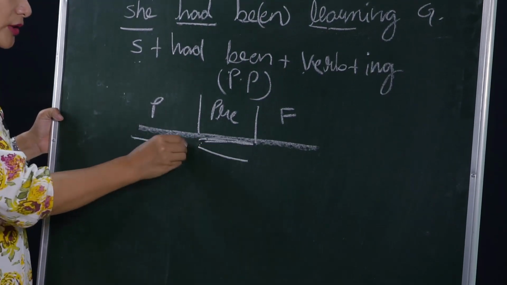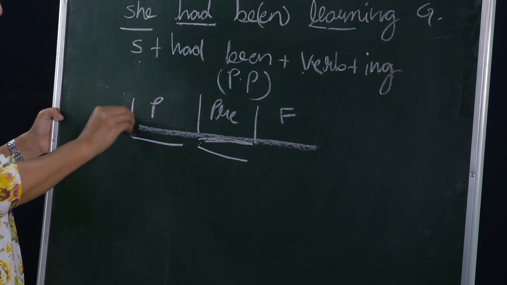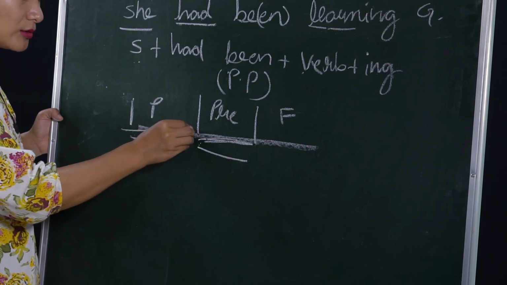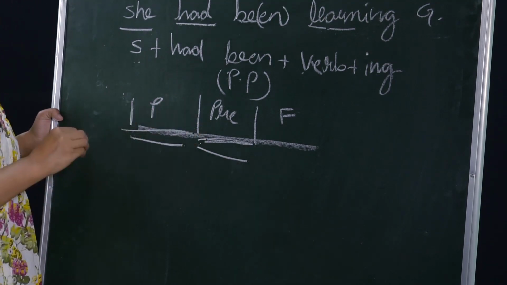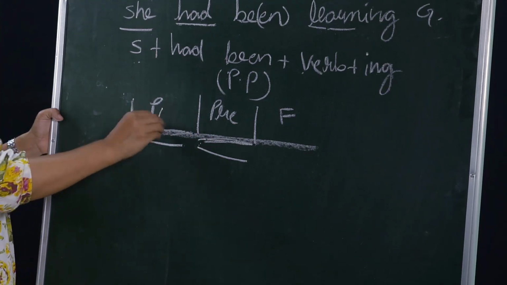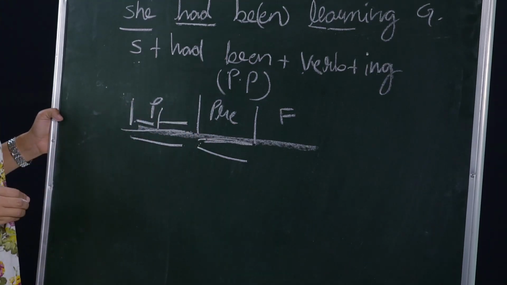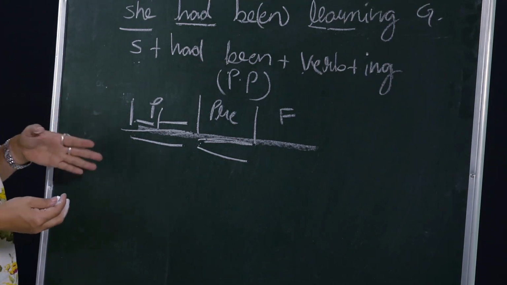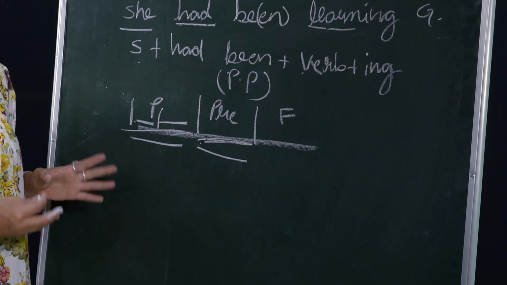So you are referring to an action that happened at a point of time in the past and nearly continuing, just about reaching the present. Okay, so two actions that were happening simultaneously. She had been learning grammar when I entered the room, whatever the case may be.